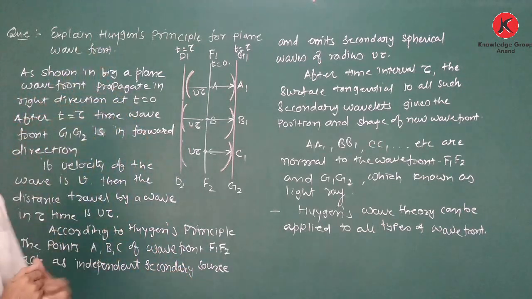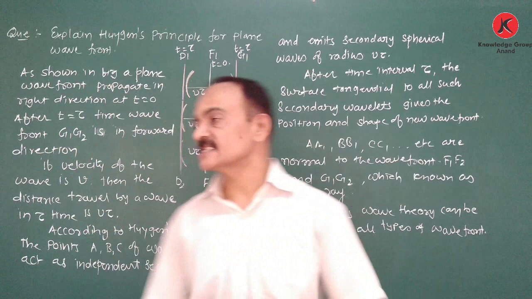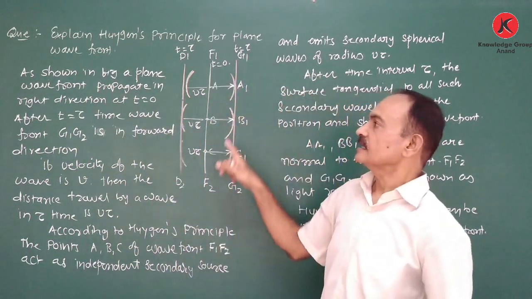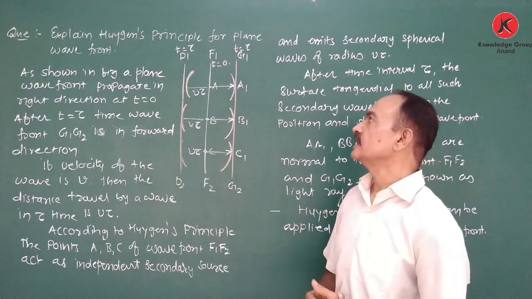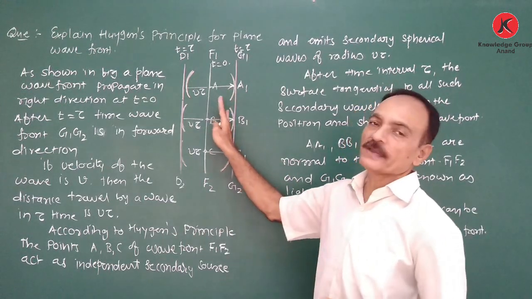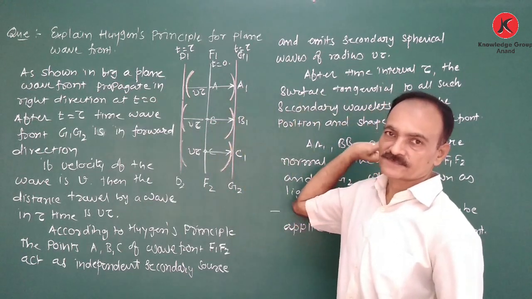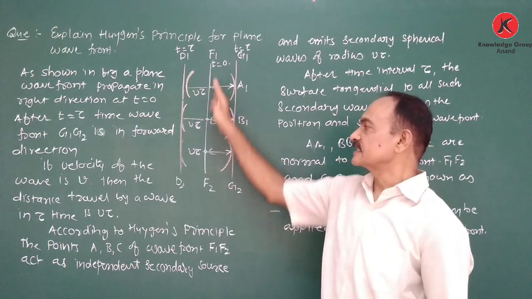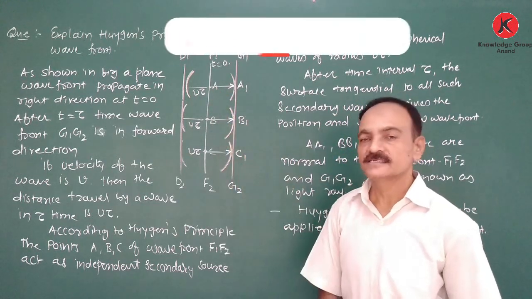Again, how do we explain the Huygens principle for the plane wavefront? As shown in the figure, F1, F2 is the plane wavefront at time t equal to 0, which is propagating in the right direction. Actually it propagates in all directions, but here we consider this wave propagating in the right direction.